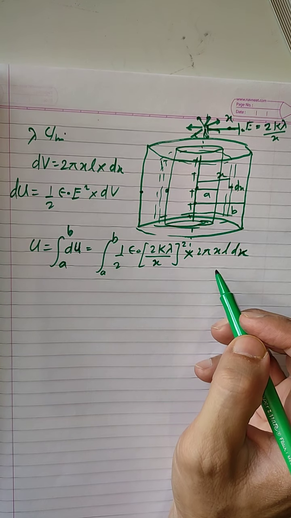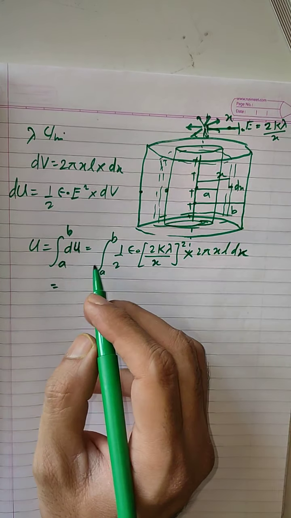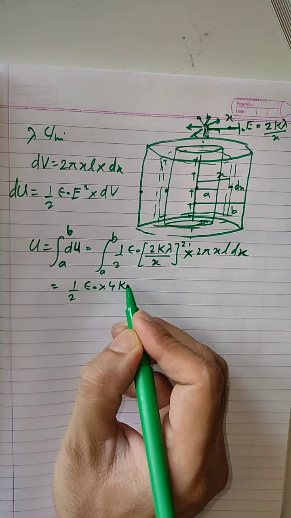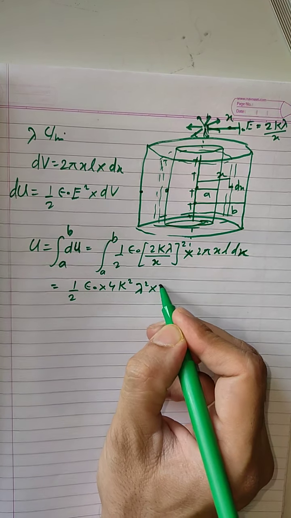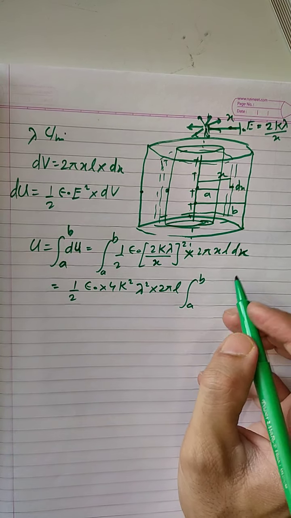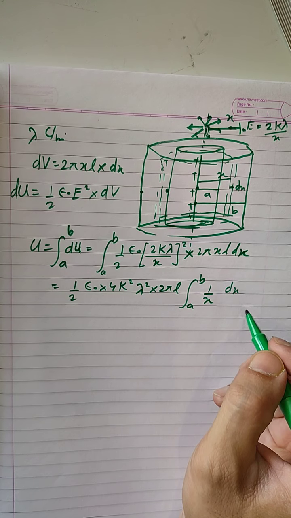So this is the expression that we have to solve. So if we take the constants out, these are the constants, and inside the integral sign we will have 1 upon x dx.